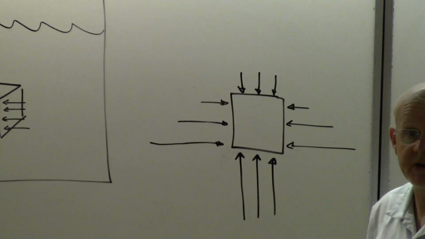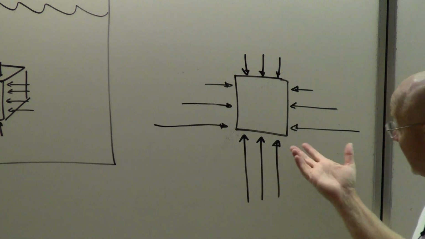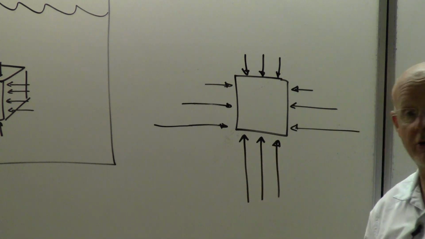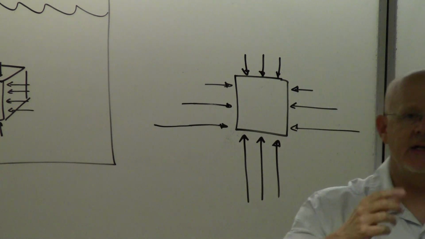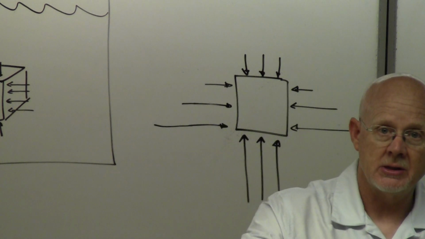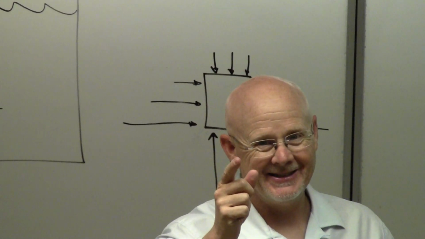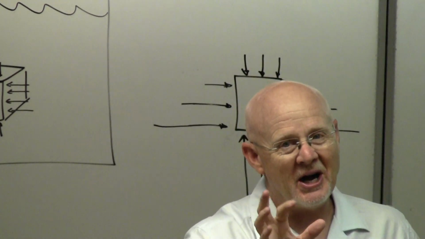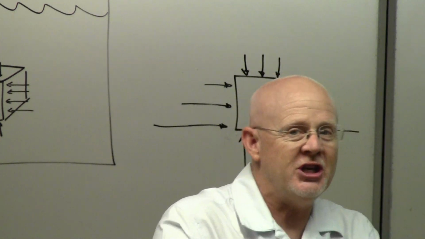But here's what I want to emphasize. Yes, all the ones under the box are at the same depth, and so all the ones under the box are pushing with the same amount. But how do the ones under the box compare to the ones on top of the box? See, aren't the ones under the box a little deeper? Aren't they then at greater pressure, so they're pushing more?